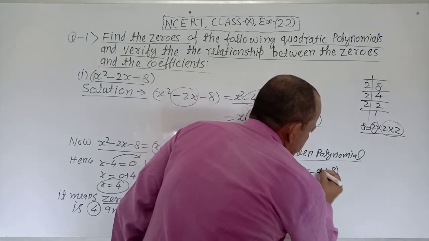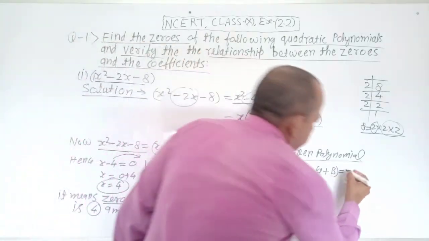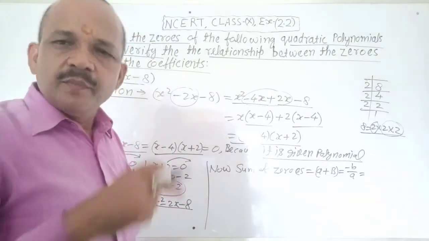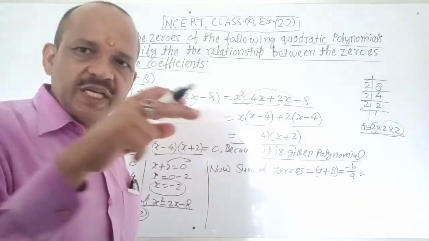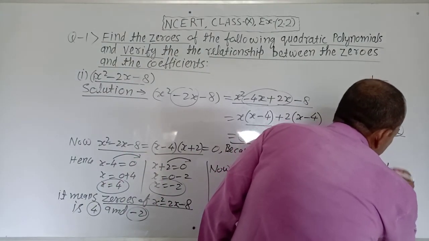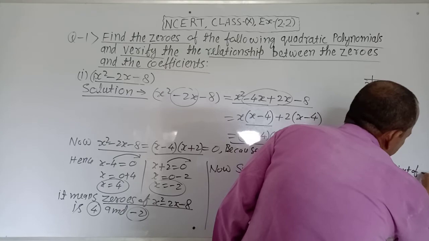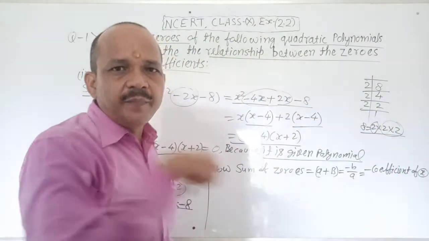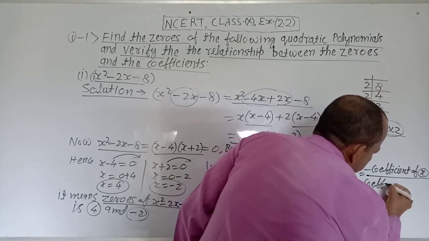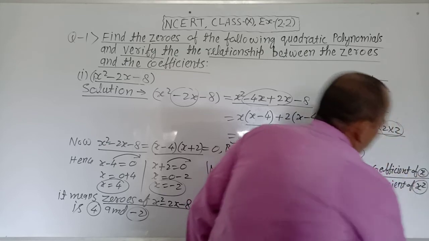Alpha plus beta equals minus b by a, equals minus coefficient of x upon coefficient of x square.